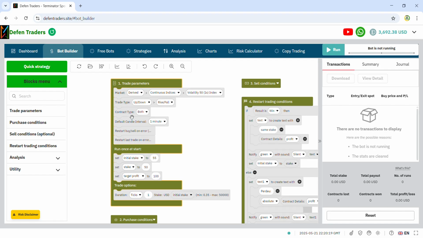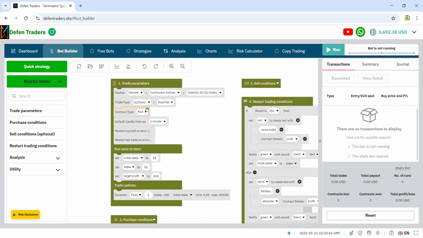Contract type is where you now need to make a decision. I have made the choice to trade the rise and fall. What is the contract that I see is doing well between rise and fall? I'll pick, let's say, rise. That's a market that I would like to analyze.